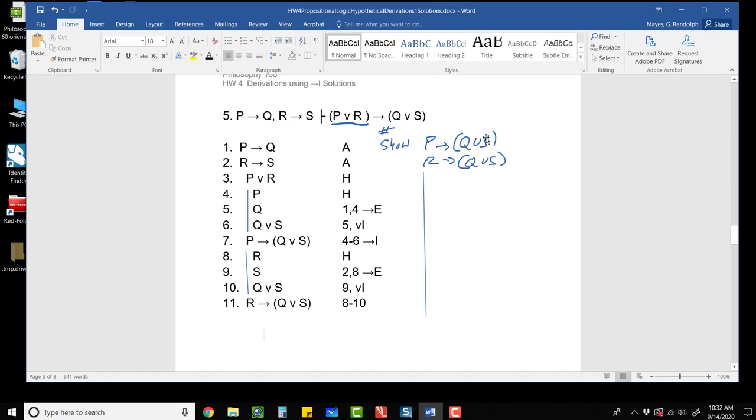As described on the side, you've got both of your conditionals, and so now you're in a position to assert Q or S. Now, of course, you're still indented, but you're going to assert Q or S by disjunction elimination. So how do you do that? The original disjunction, which is on line 3, the two conditionals, which you derived, 7 and 11, disjunction elimination.